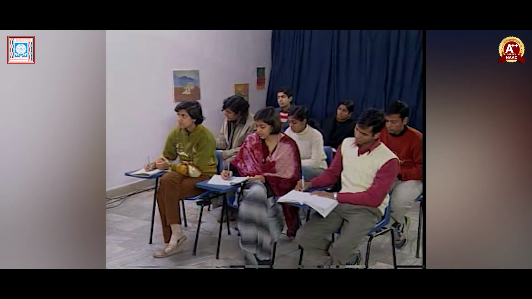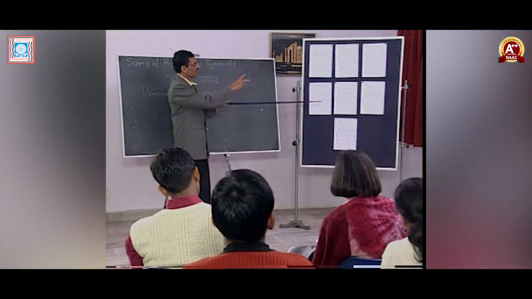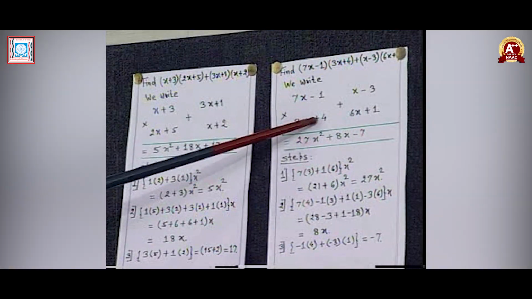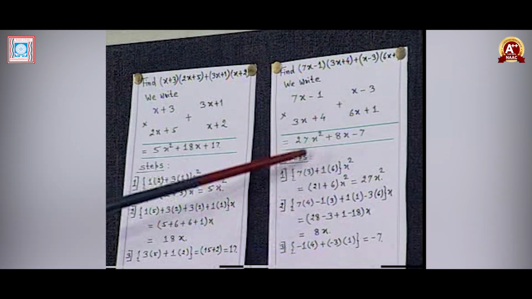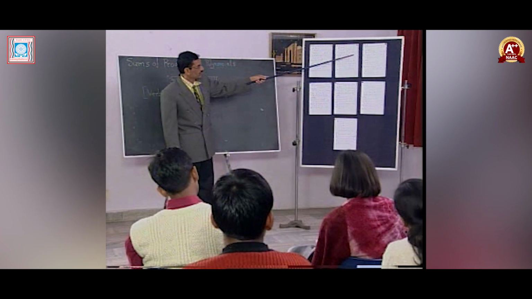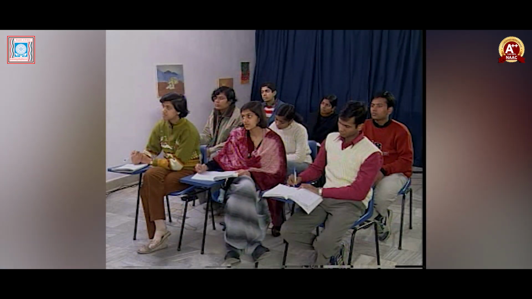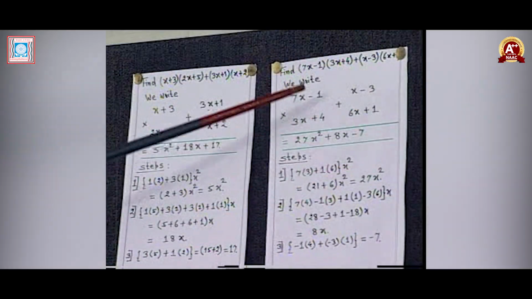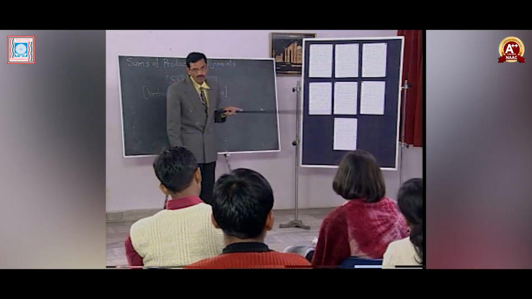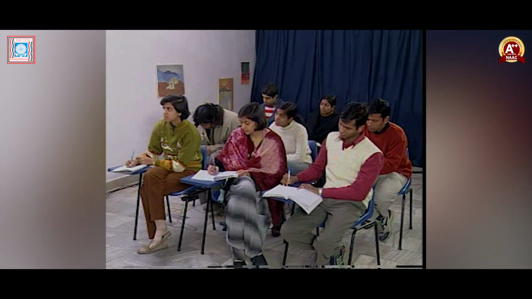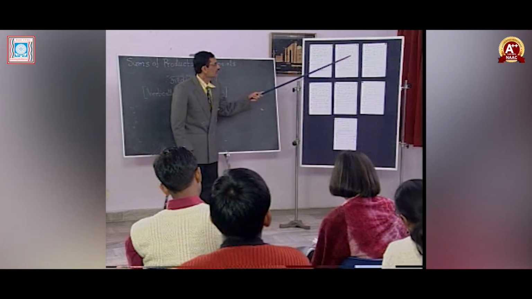Final answer 8x. When we add and subtract the terms, we get 8x. And the last one, minus 1 into 4, vertical multiplication, minus 4, plus 3 into 1, that gives minus 4 minus 3, that is equal to minus 7. So the answer for the sum of the products of the given polynomials is 27x square plus 8x minus 7.